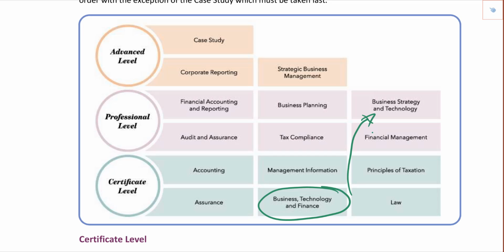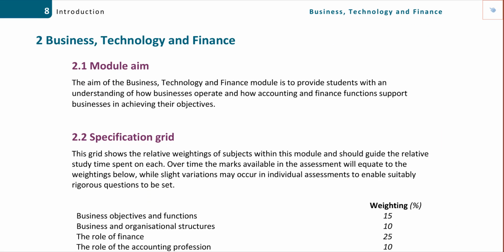And then this links into the Strategic Business Management paper at the advanced level of the qualification. This means the topics we cover in this course are going to be useful to you all the way throughout your qualification.